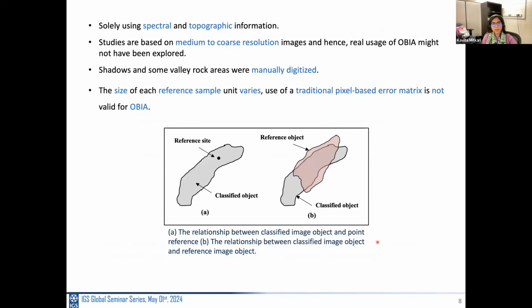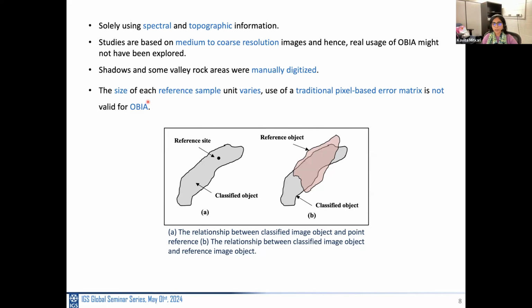However, the limitation of these studies is that they are solely based upon utilizing the spectral information, whereas OBIA has much more to offer than just the spectral information; we can also utilize the spatial information of the images. Also, these studies are based on medium to coarse resolution images like ASTER and Landsat images, and therefore OBIA, which is found suitable for extracting information from high resolution images, may not have found real usage.